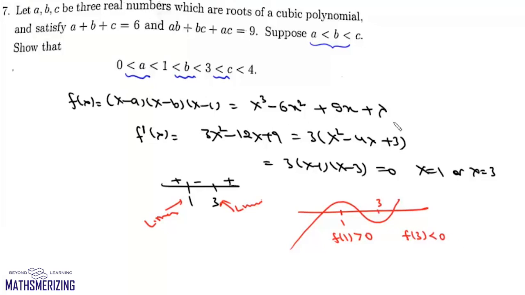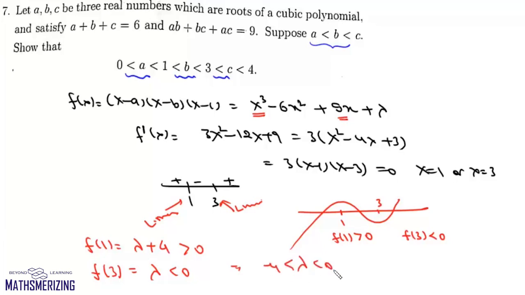Now f(1) will be 1 minus 6 plus 9 plus lambda, which is lambda plus 4, and it will be greater than 0, and f(3) will be 27 plus 27 minus 54, that is lambda, and it should be less than 0. So this cubic equation can have 3 real roots only if f(1) is positive and f(3) is negative. That is, the value of lambda should lie between minus 4 and 0.